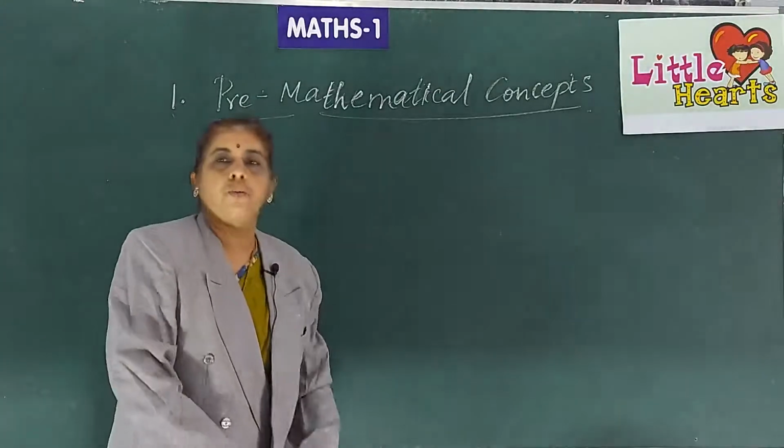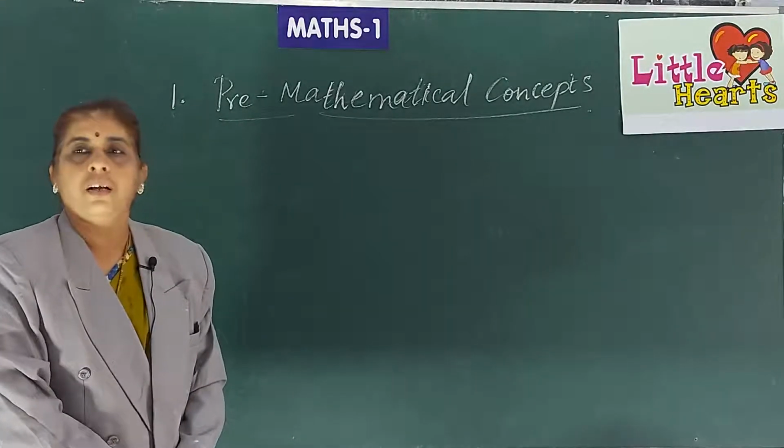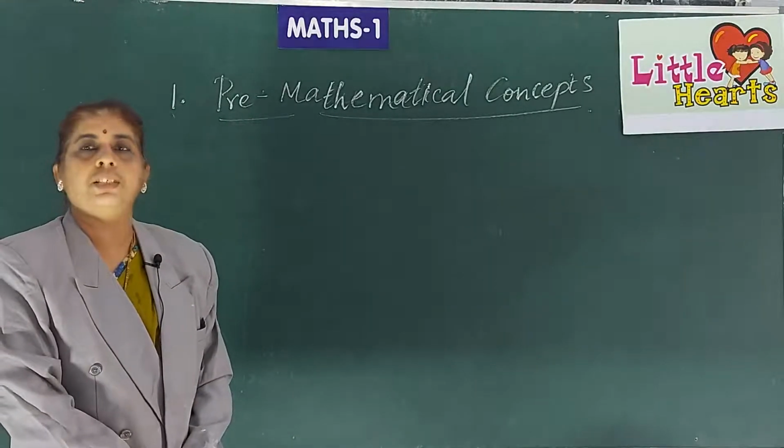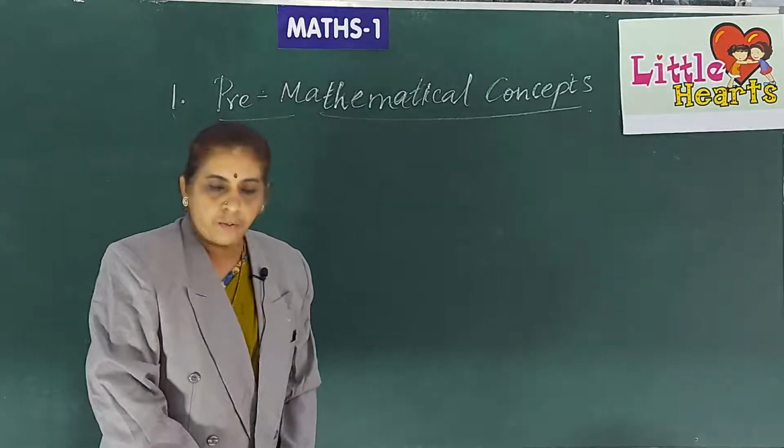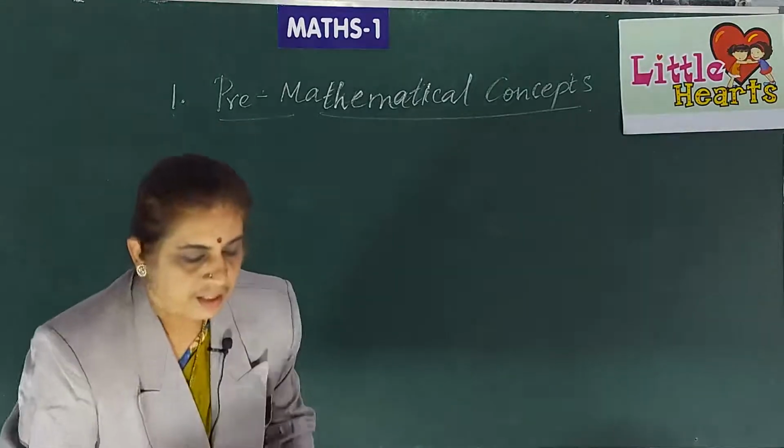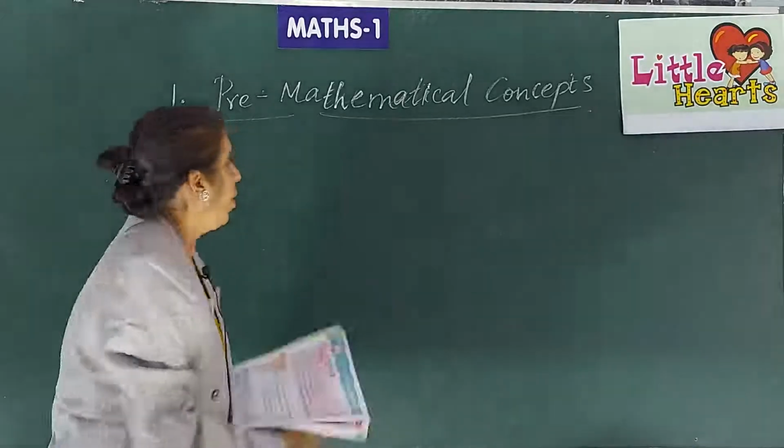So children, can you identify now what is big and what is small, and which is tall and which is short? Now let us go to the next thing, heavy or light.